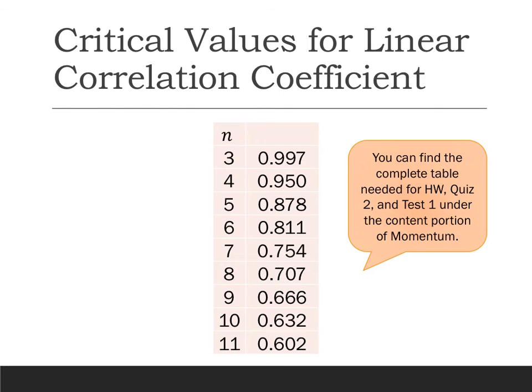A lot of times we'll say that the absolute value of R needs to be greater than this value. Absolute value, because it doesn't matter if it's a positive or negative relationship. The number portion of the correlation coefficient needs to be bigger than this number here. And of course, you'll be able to use this on your homework, your quiz, and your test.